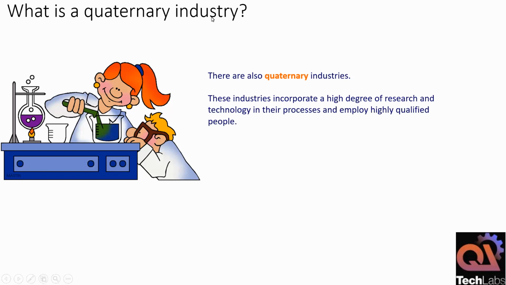Quaternary industry incorporates a high degree of research and technology in their processes and employs highly qualified people. You have the Indian Institute of Science. That is quaternary. You have some research lab, a semiconductor research, some other microchip research company, research to increase the speed of automobiles. So these research and development departments are called quaternary.